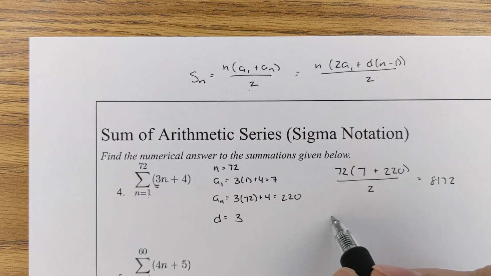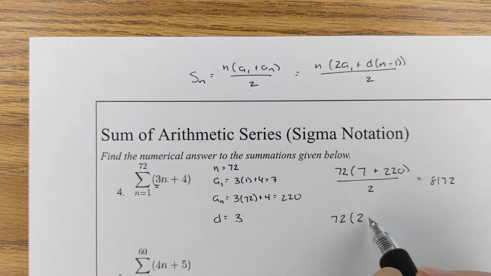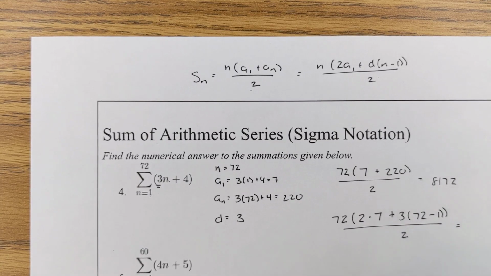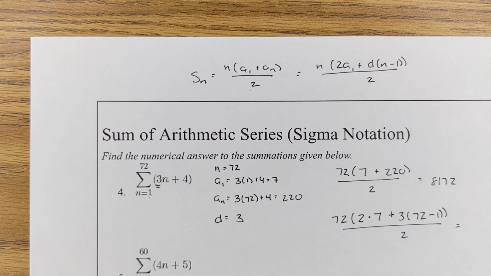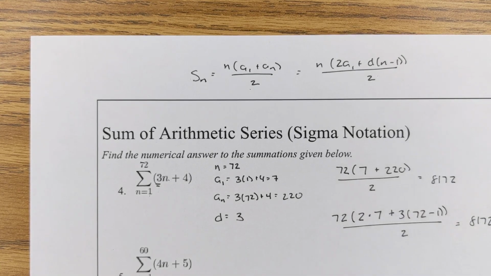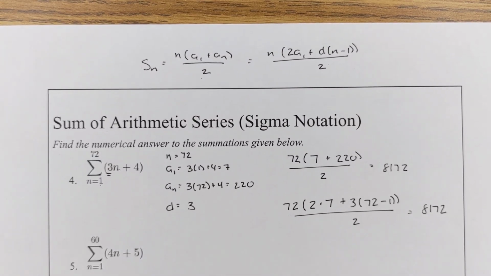And if I do the other one, hopefully I get the same answer, 2 times a1 plus the common difference of 3, 72 minus 1, 2 closes, all divided by 2. So 72, 2 times 7, plus 3, 72 minus 1, all divided by 2. And I get 8172. So you should get the same answer either way.